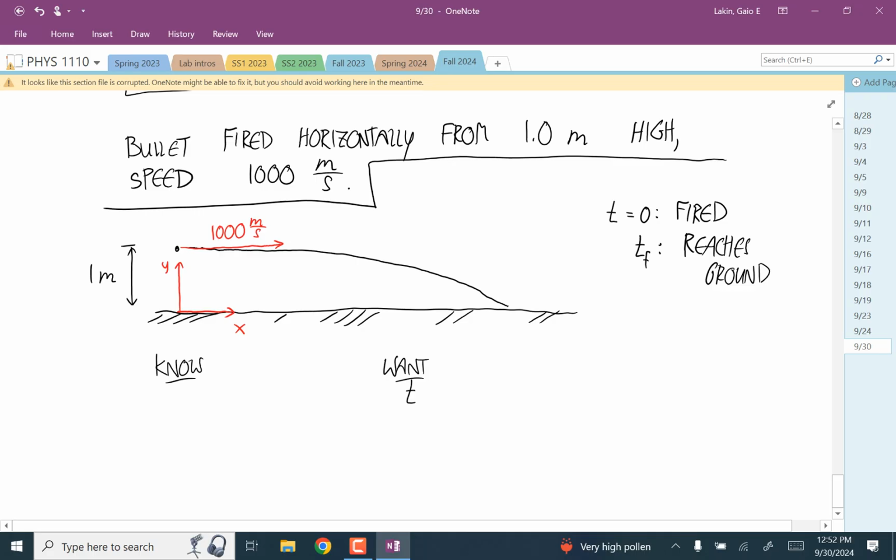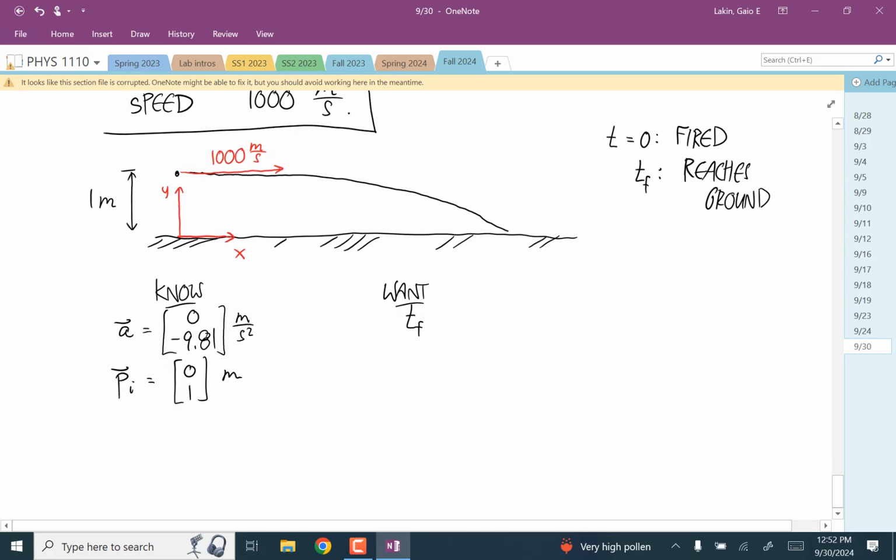We're looking for time final. We know that the acceleration vector is 0, negative 9.81. The initial position vector is 0, 1. The final position, we only know the y component. We don't know how far away horizontally it's going to be, but we know this is going to be 0 meters.